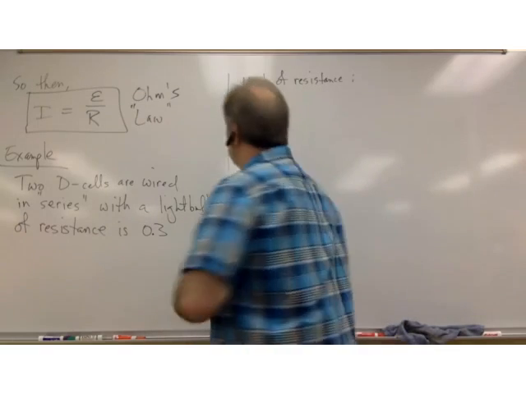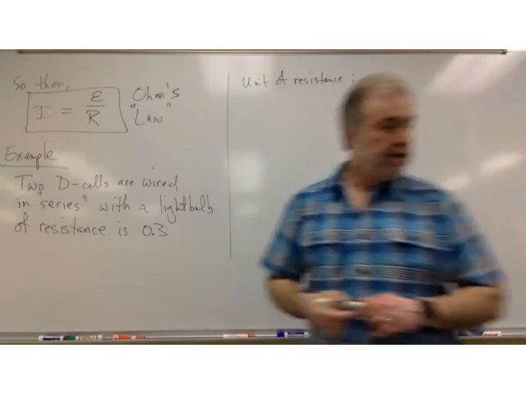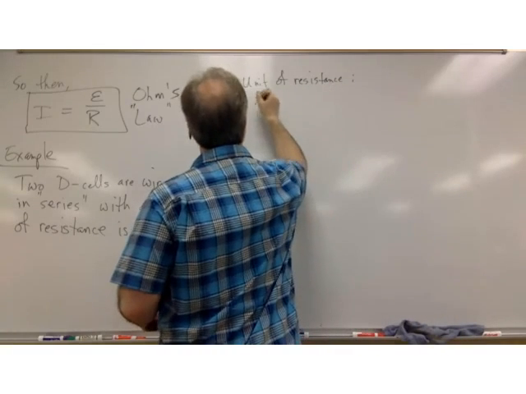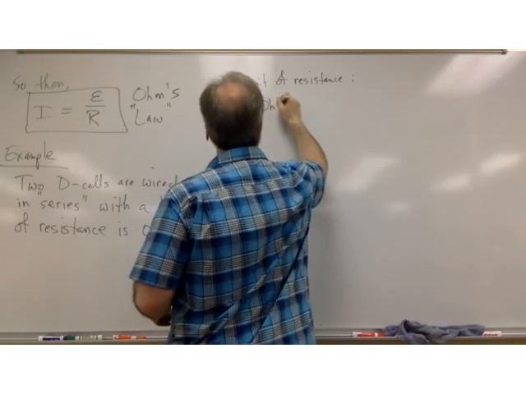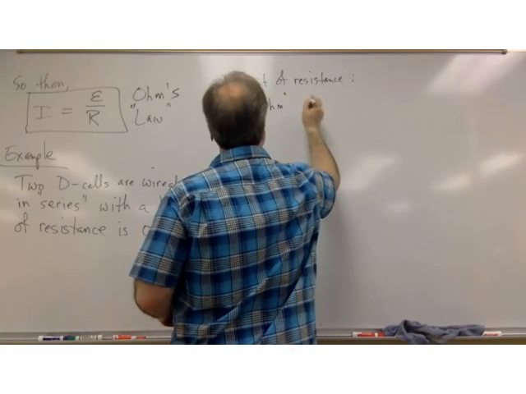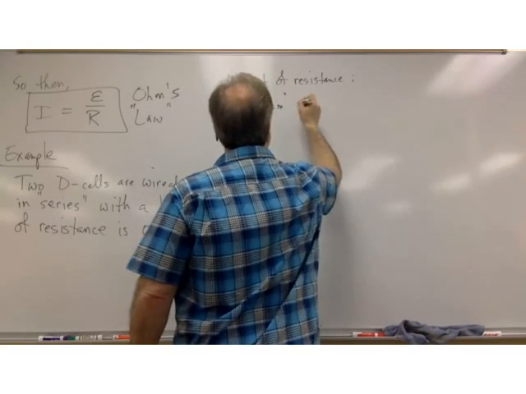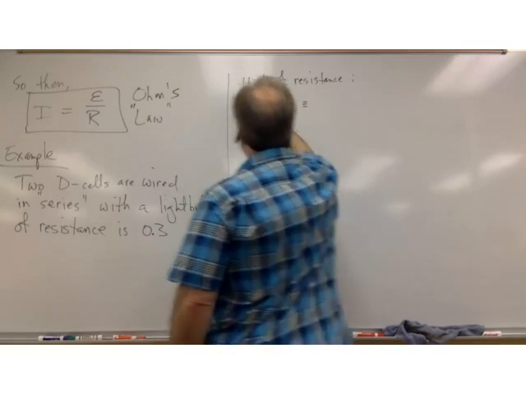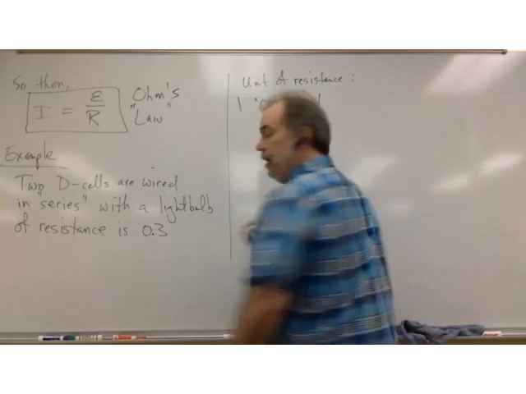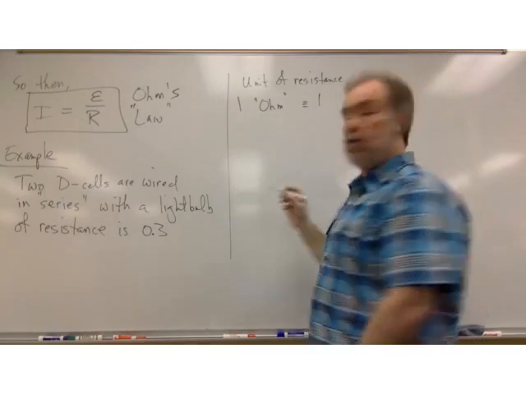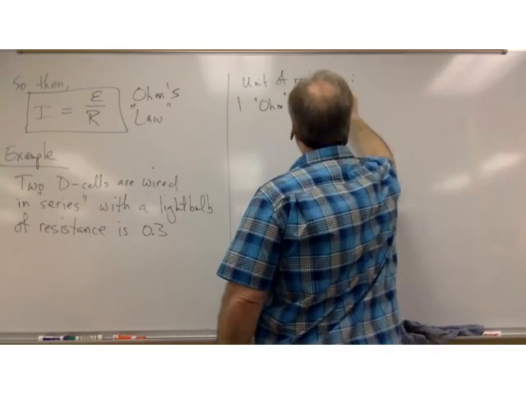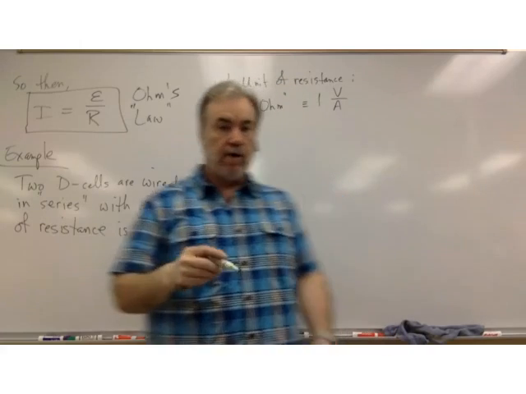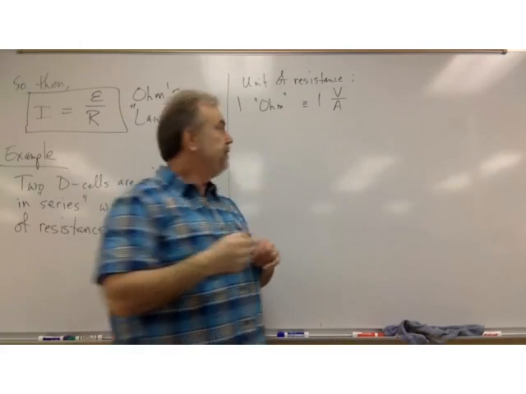And the ohm is defined to be, so 1 ohm is 1 volt of potential difference, or 1 volt of EMF, per ampere of current that flows.